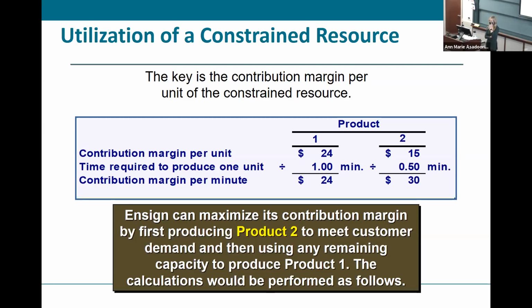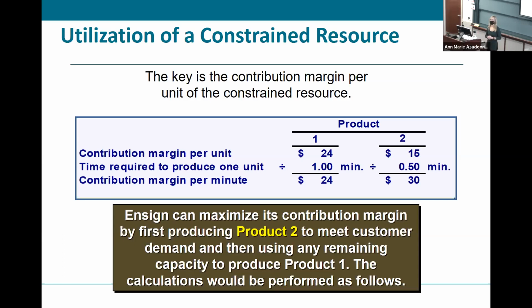The idea here is we're setting the production schedules in a way that will bring us the most money. We know from cost volume profit analysis that the products that make us the most money are the products that have the highest contribution margin per unit or the ratio.